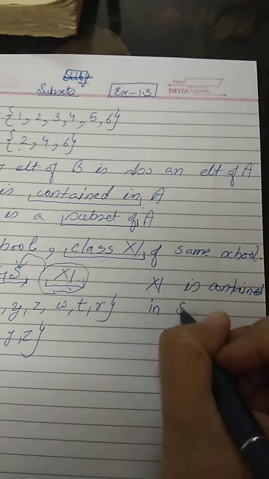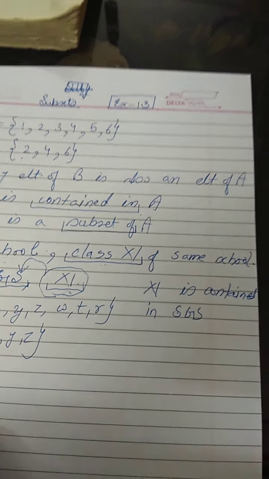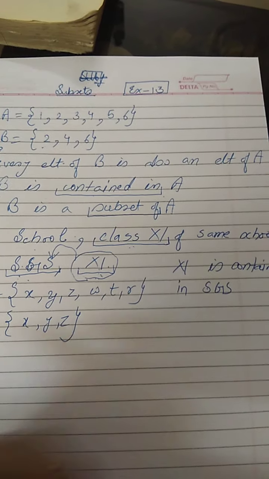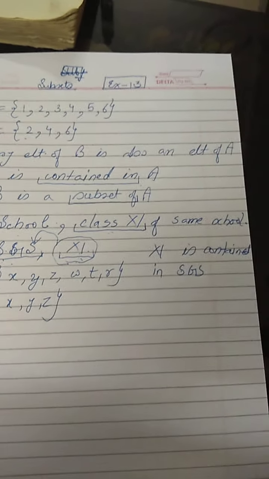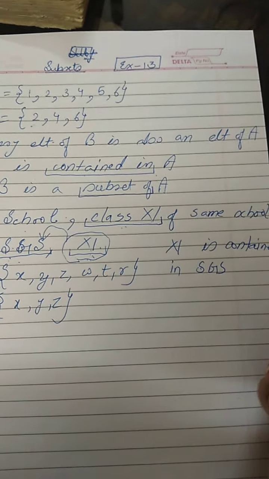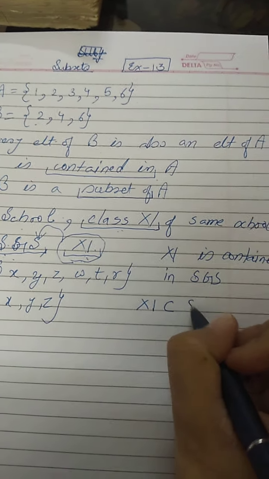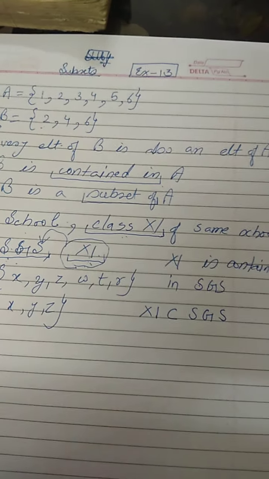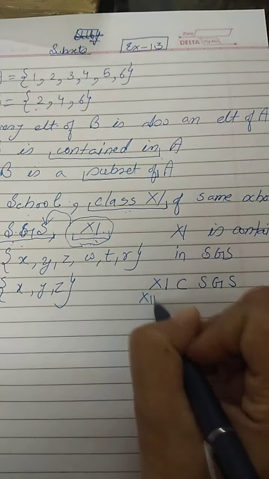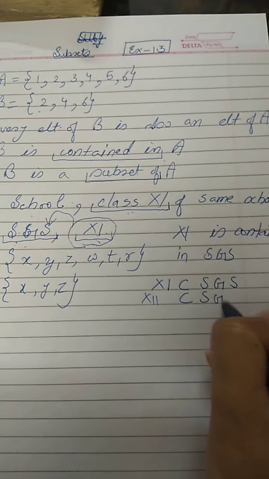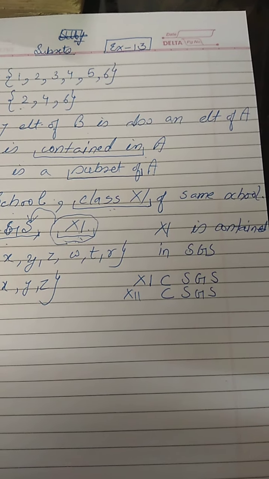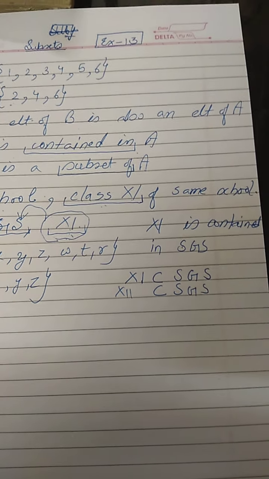If I go to 12th class of SGS, it is also contained in SGS. So class 12 also will become a subset of SGS. Class 11 is a subset of SGS, right? Class 12 is a subset of SGS, and each and every class of this school SGS will be its subset.